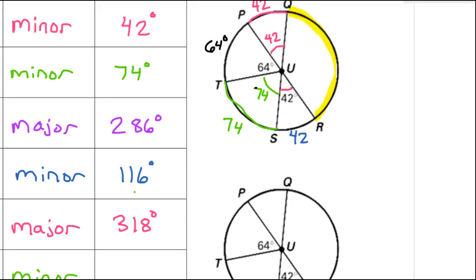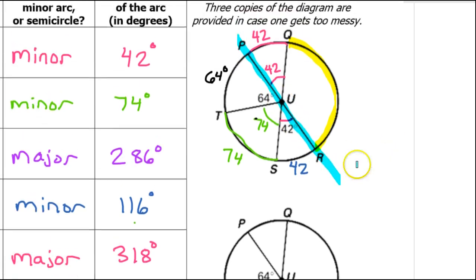Well, guys, this is a diameter right here. So that means that this side has to be 180 degrees. So I've got this 42, and then this arc QR is the rest of the 180. So if I subtract 42 from 180, that should give me everything else.